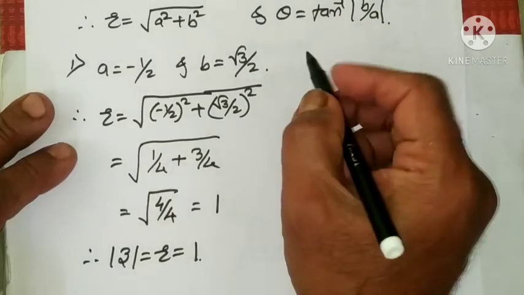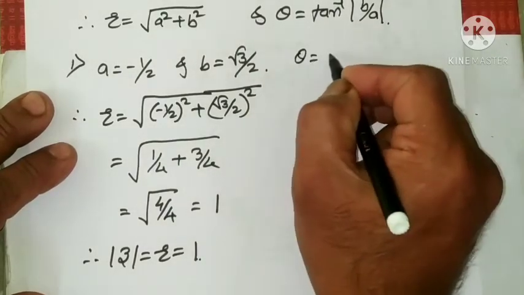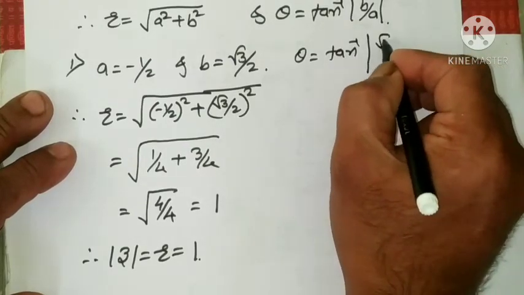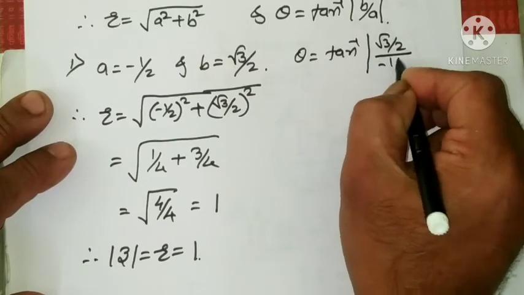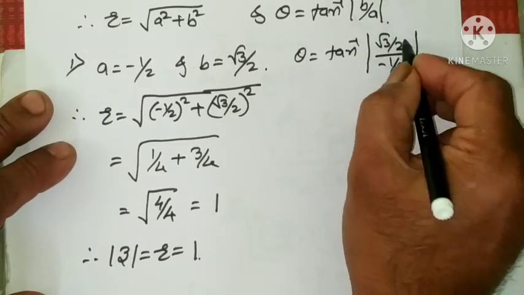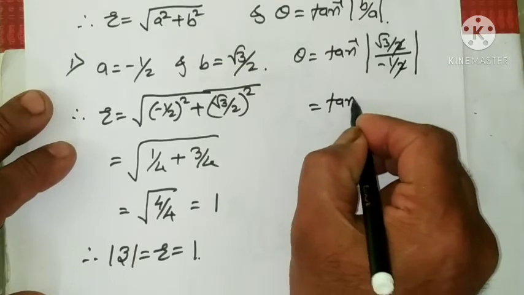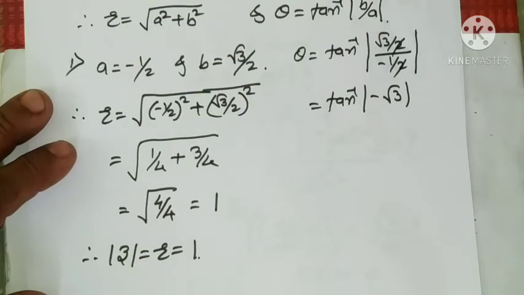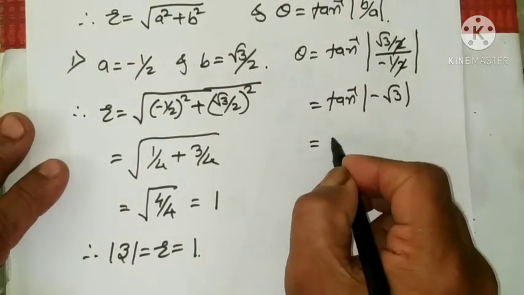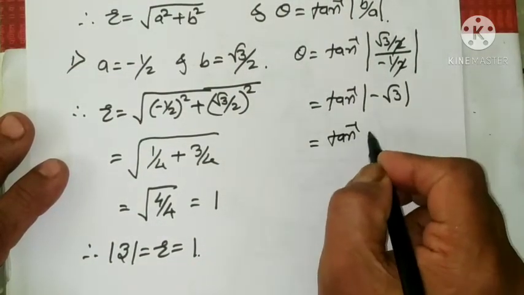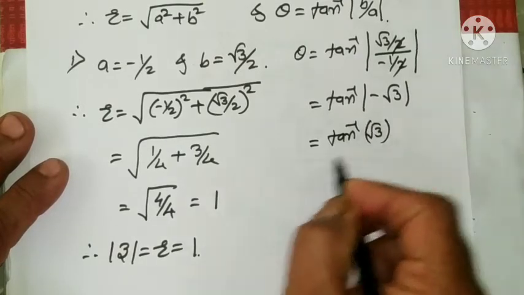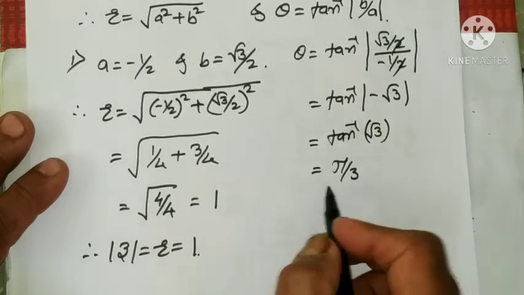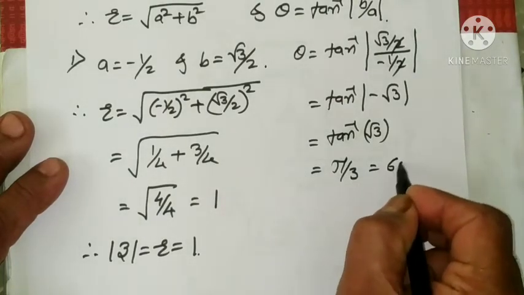Similarly, theta is equal to tan inverse mod of root 3 upon 2 divided by minus 1 upon 2. 2 gets cancelled, is equal to tan inverse mod minus root 3 is equal to tan inverse root 3 is equal to pi by 3, 60 degrees.